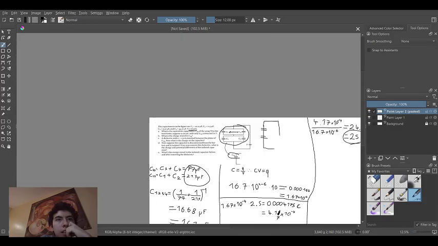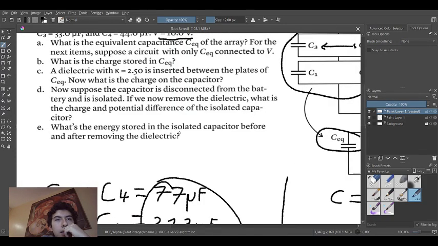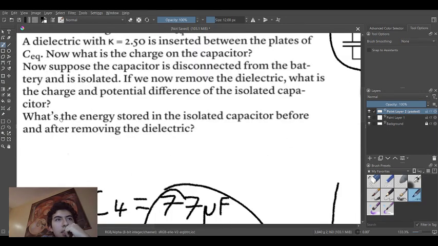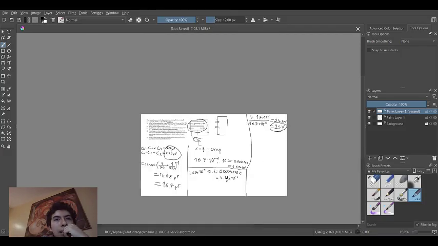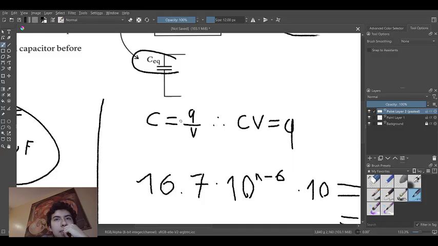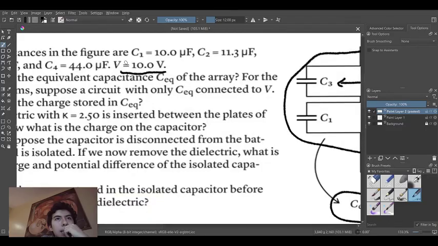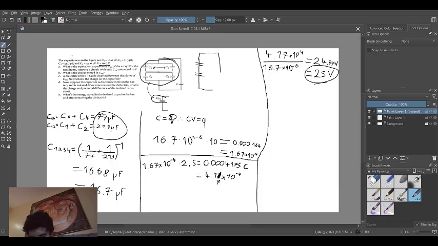That's it. And last question. What's the energy stored in the isolated capacitor before and after removing the dielectric? Wait, what do you mean by that? Like each capacitor individually? I think that's it. Okay, I think it's just going to be the charge. Wait, no, because the charge is not constant.